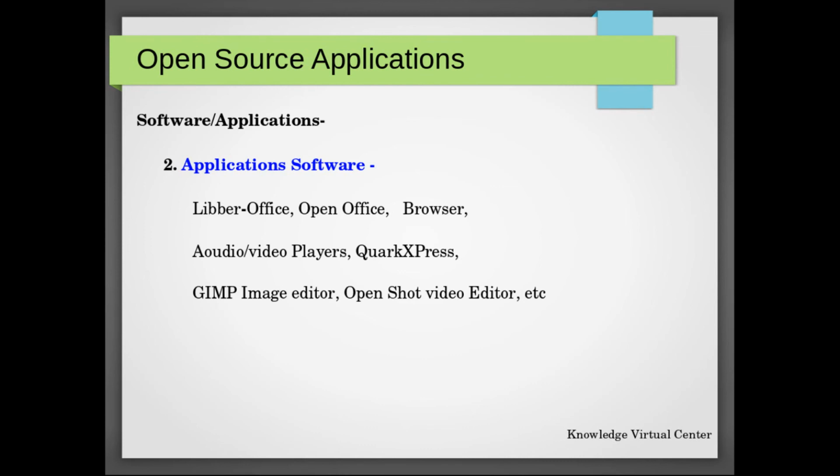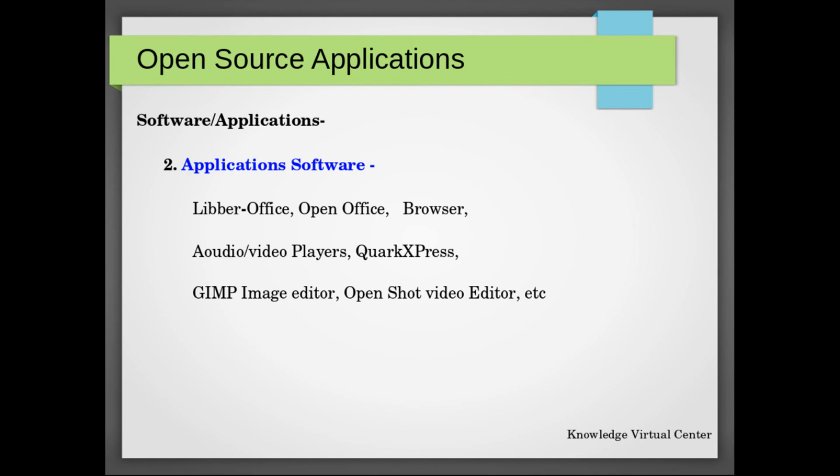Second is application software. As we saw on the screen in Ubuntu, we went to the software center. Those are the application software: LibreOffice, OpenOffice, browser, audio video player. Inkscape is similar to CorelDRAW, which is available in the Windows operating system.